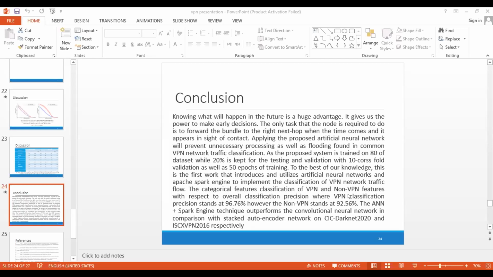To the best of our knowledge, this is the first work that introduced and utilized artificial neural network and Apache Spark engine to implement the classification of VPN network traffic flow.